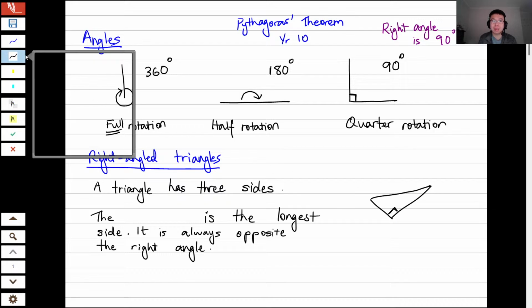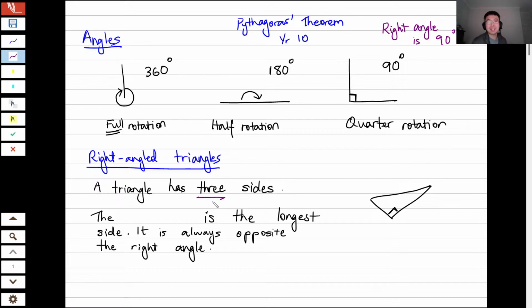That means the angle is 90 degrees. Okay, so right-angled triangles. For now, we're just going to say that a triangle has 3 sides, and those sides are straight.